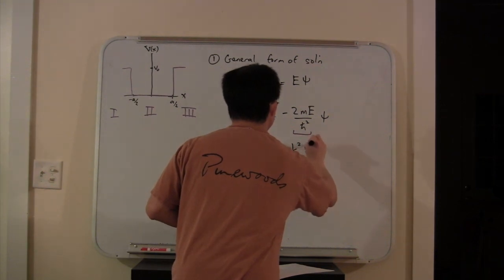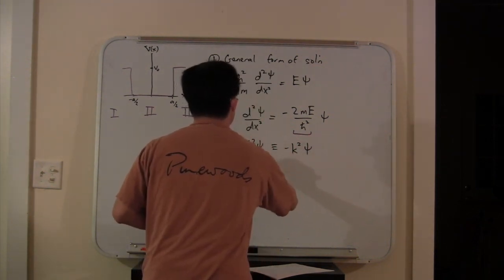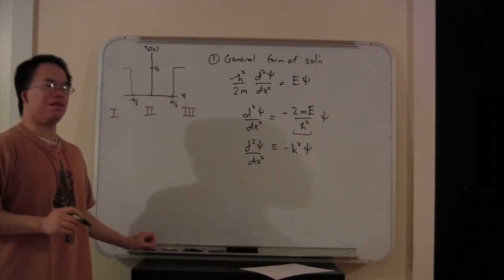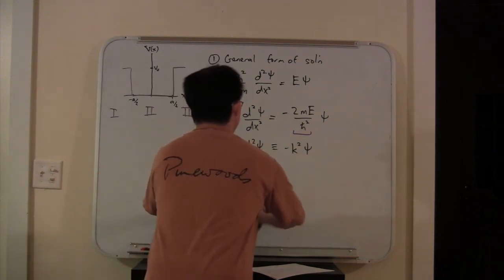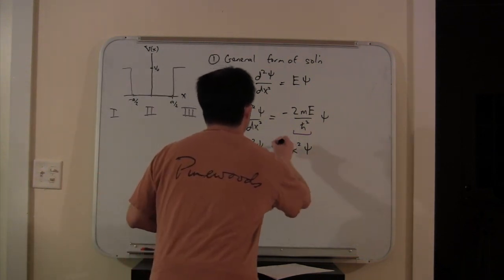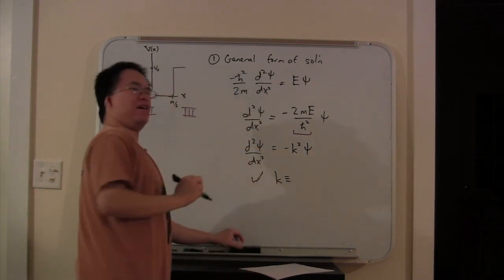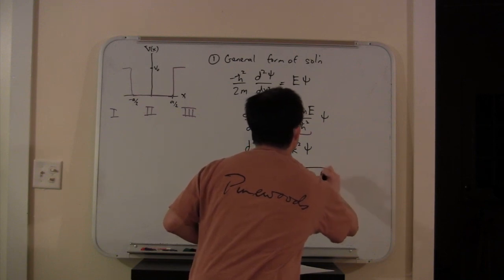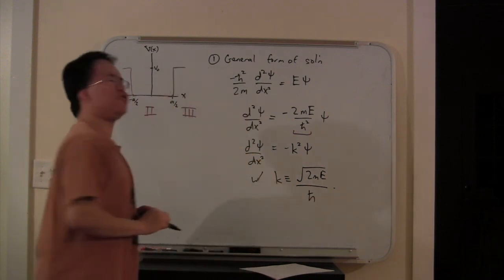for reasons that will, I think, eventually become clear. So let me write that as equals minus k squared, with k defined as the square root of 2mE over h bar.